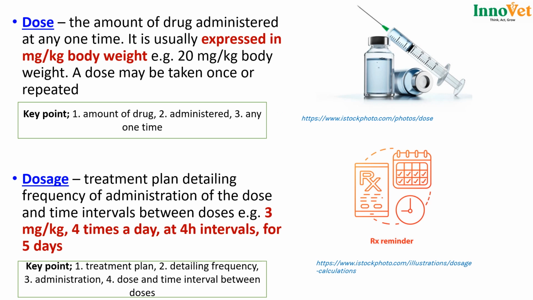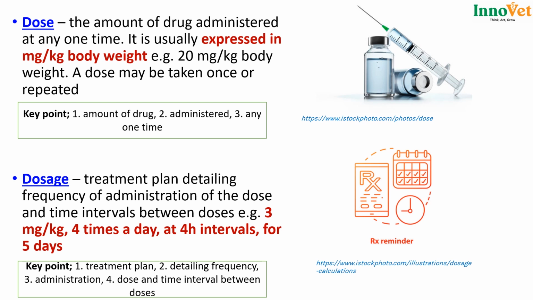A dose refers to basically the amount of drug administered at any time. This is normally expressed in milligrams per kg of body weight. The dosage is a treatment plan detailing the frequency of administration of the dose and the time interval between the doses.